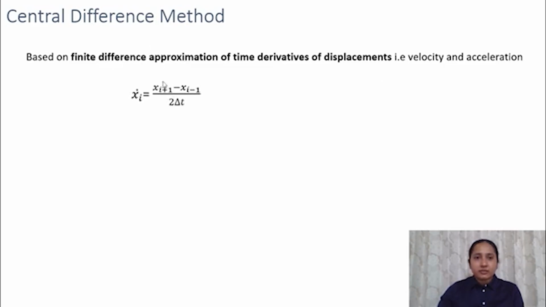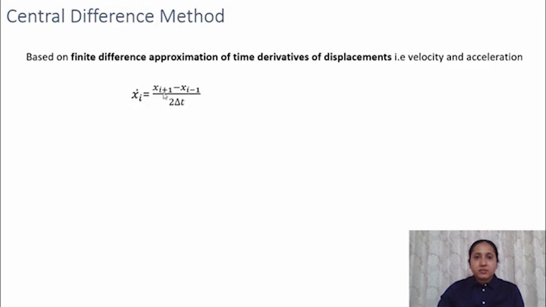In this method, the velocity at the ith time instant can be written as the displacement at the next instant minus the displacement at the previous instant, divided by 2 times the time step.